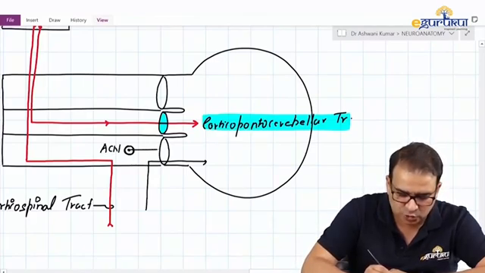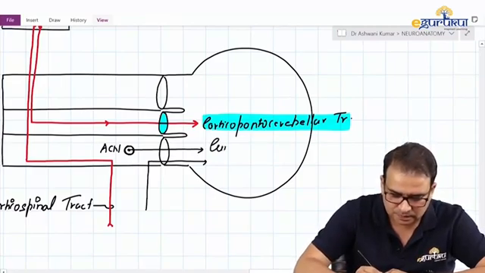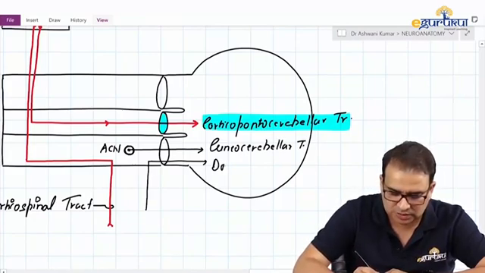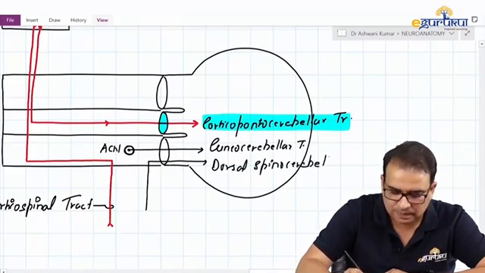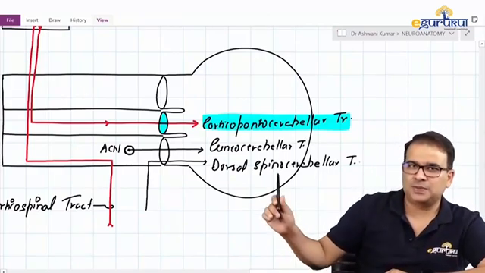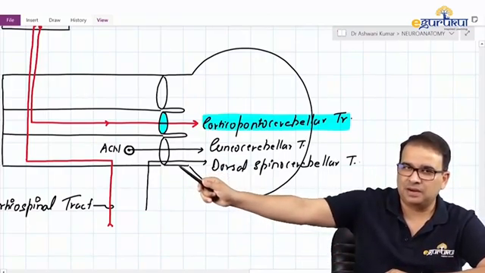That is cuneocerebellar tract. This is cuneocerebellar tract. And this one is dorsal. Dorsal spinocerebellar tract. Dorsal spinocerebellar tract is coming from inferior peduncle.